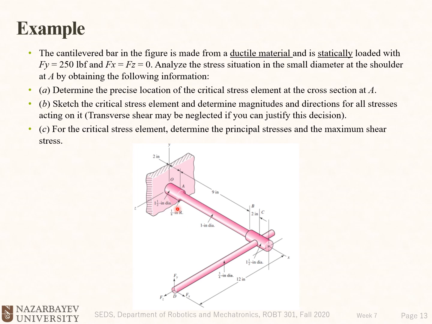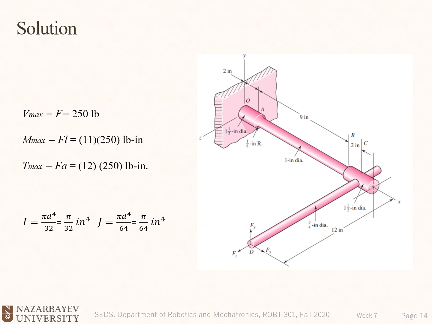All the diameters, you could see the diameter here is bigger than this section. And we also have the fillet radius in case it is needed. Okay, so we need to find first the shear force, bending moment and the torsion torque. It's very similar to previous examples. Here we have the numbers. Double check how or where these numbers are coming from.